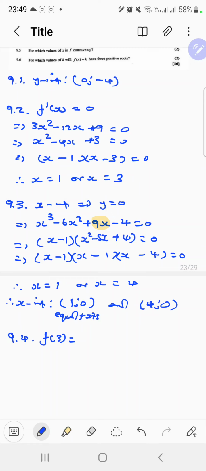F at 3 is going to be equal to what? So let's see. We go to the original function here. So we're going to have 3 cubed minus 6 into 3 squared plus 9 into 3 minus 4. I'm getting a minus 4. Okay, so f of 3 is minus 4.